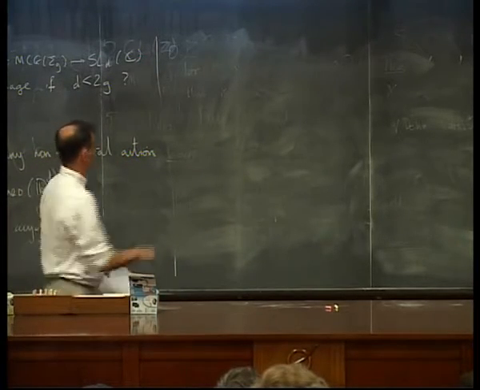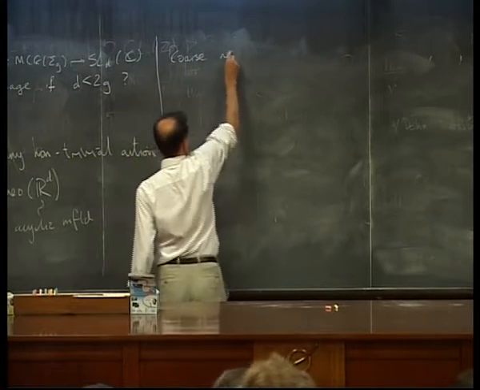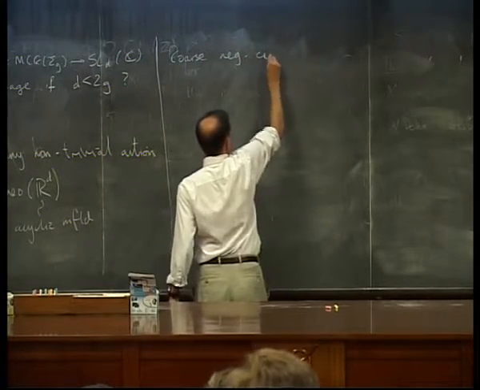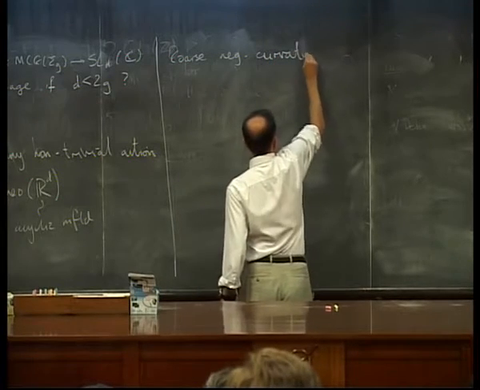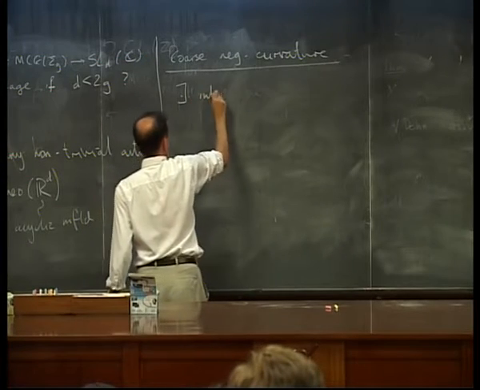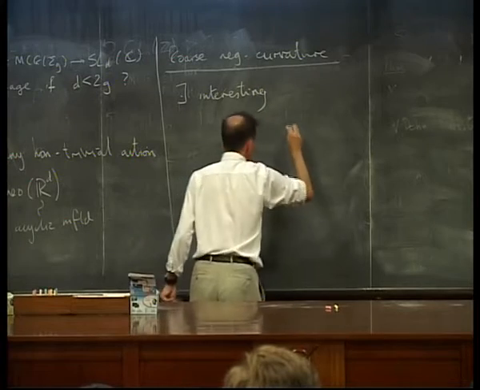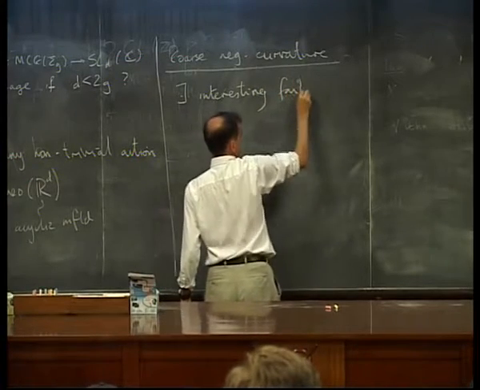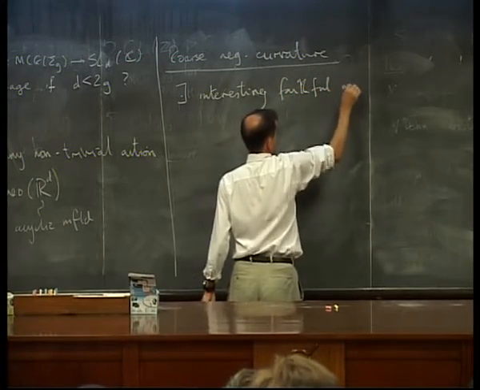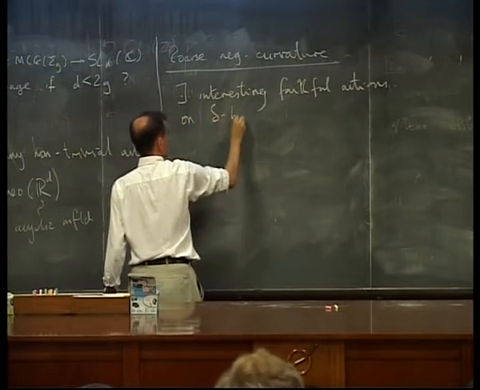Okay, let's say a few words about coarse non-positive, coarse negative curvature. Because there are interesting, now they're not going to be discrete, but there are interesting faithful actions on delta-hyperbolic spaces.